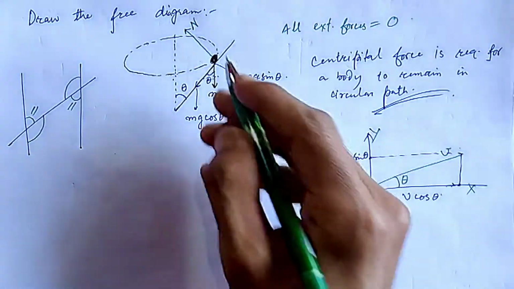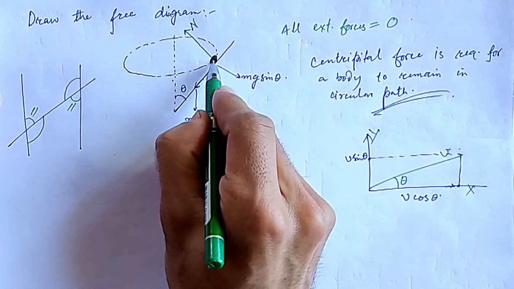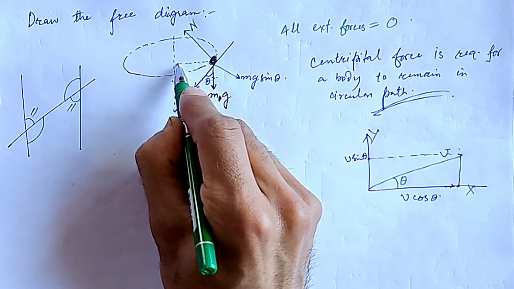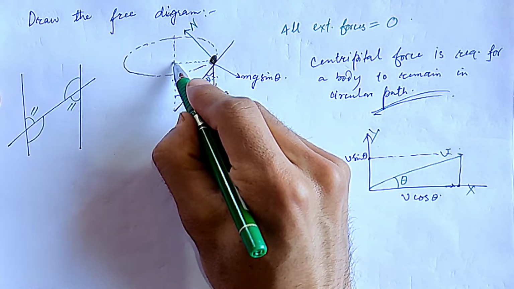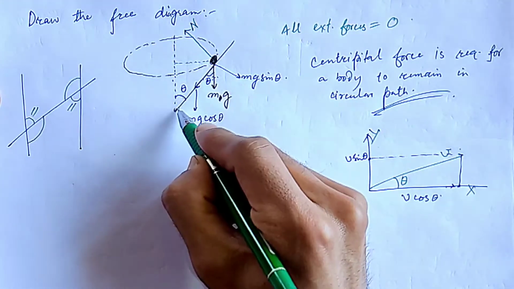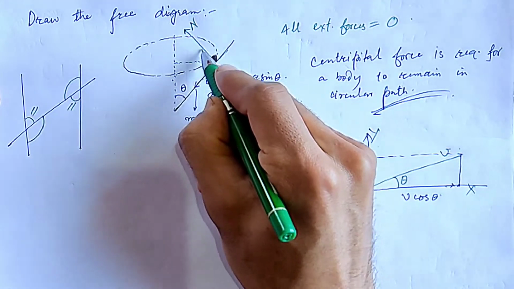Similarly for N, we have to draw the perpendicular upon this. So here the perpendicular on this is this line, and the perpendicular on this very thing is this line.